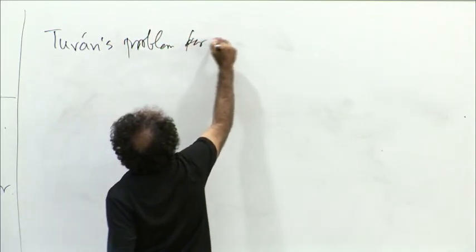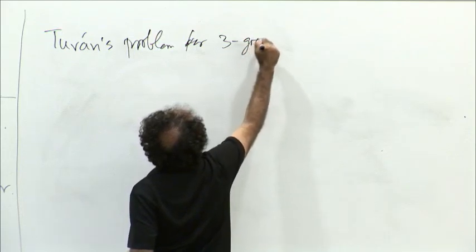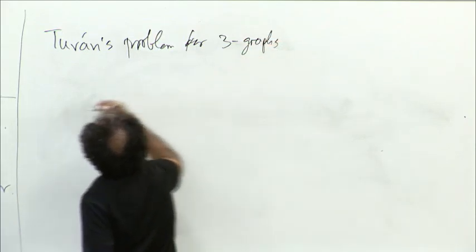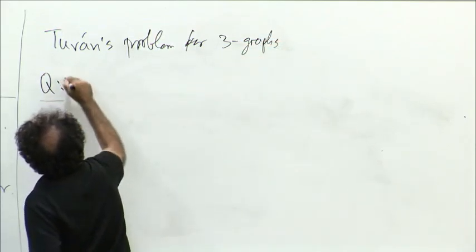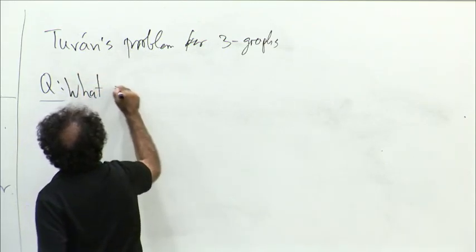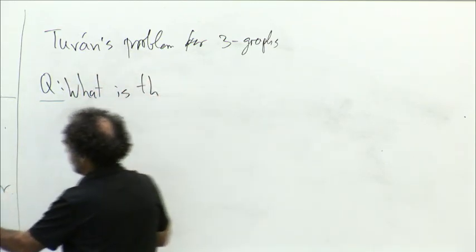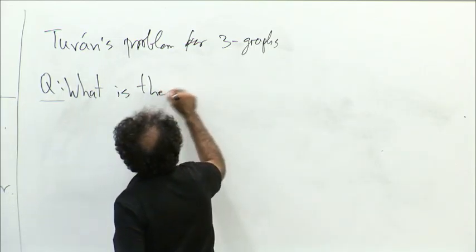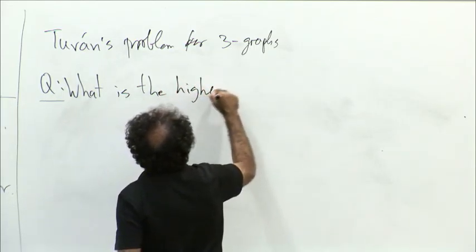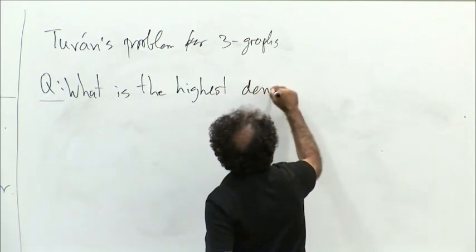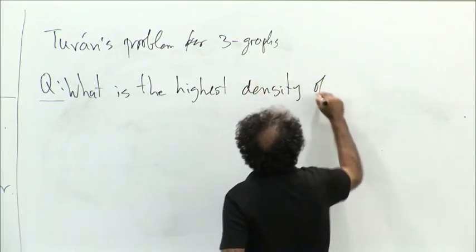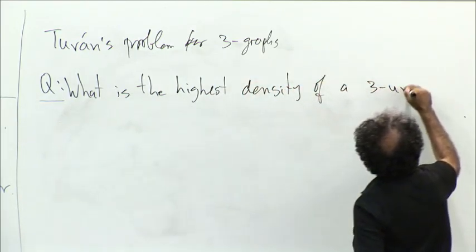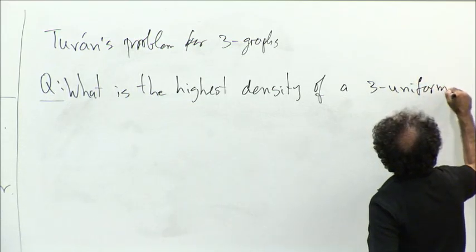for 3 graphs. So, question, what is the highest? So it's the analog of this theorem. What is the highest density of a 3 uniform hypergraph?